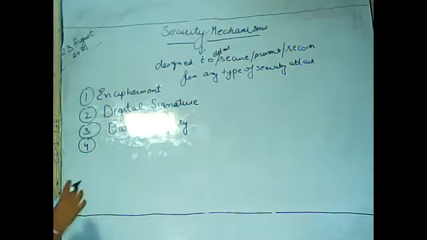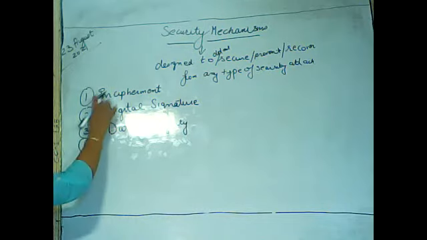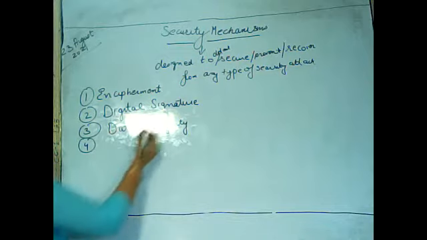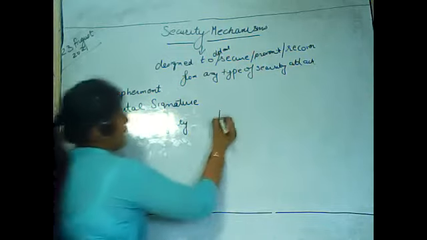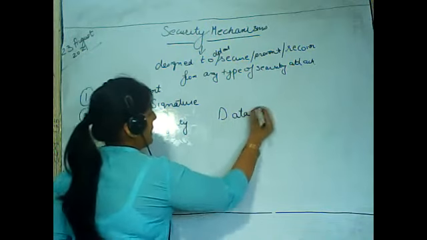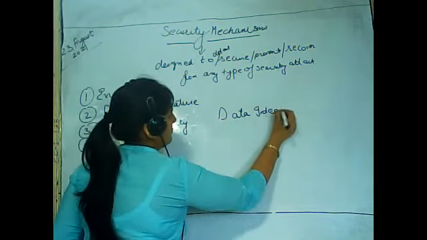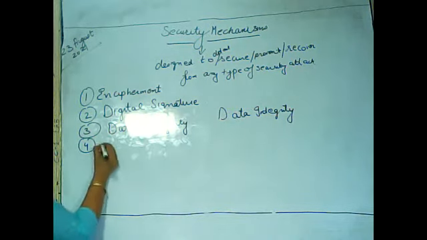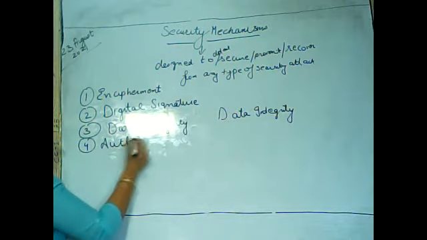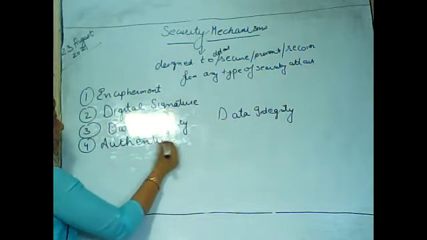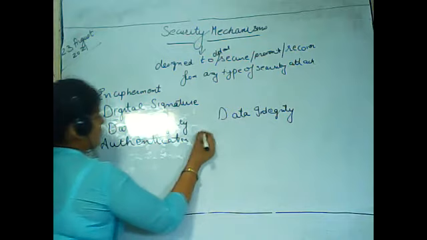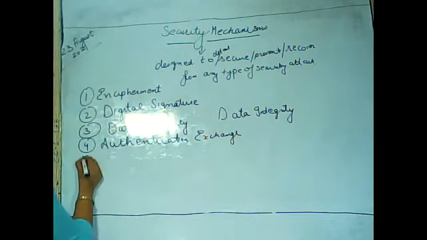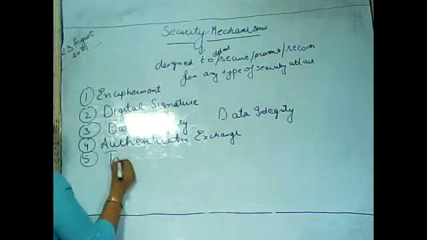Now there are some terms that we are using here. First is encipherment. Second is your digital signature. Third one is your data integrity. Fourth one will be your authentication exchange. Next will be your traffic padding.